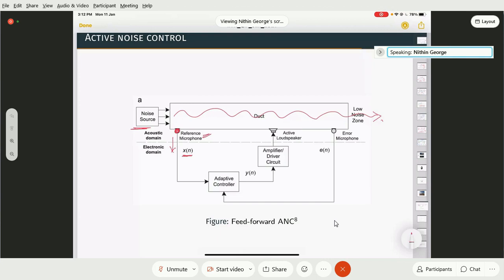Then I am going to design an adaptive FIR filter and give the output of the adaptive filter to a loudspeaker. And what the loudspeaker is going to do? Loudspeaker is going to produce another sound, which is our anti-noise.